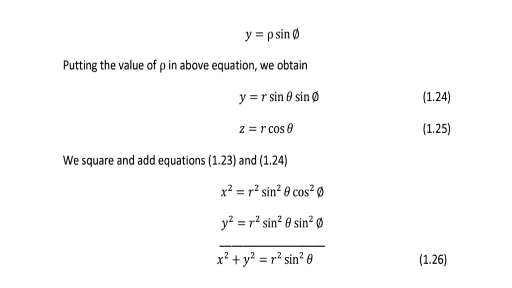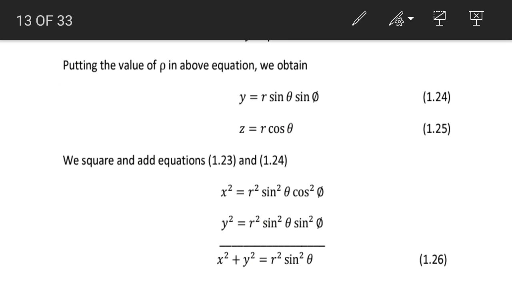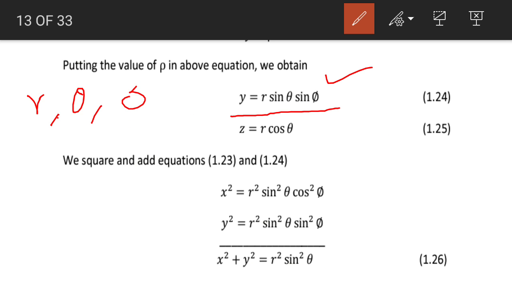So we know that y is equal to rho sine phi, and rho is equal to r sine theta. So we put the value of rho in the first equation, and we get y equal to r sine theta sine phi. So we calculate y in terms of r, theta and phi as well.